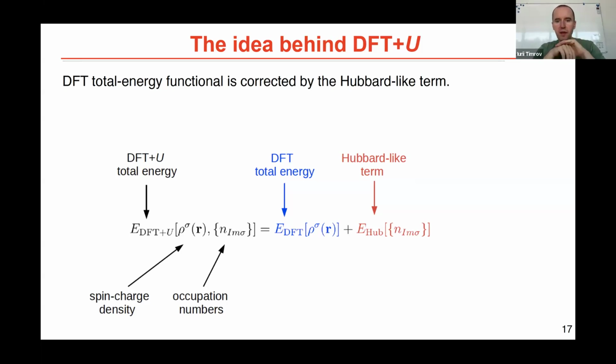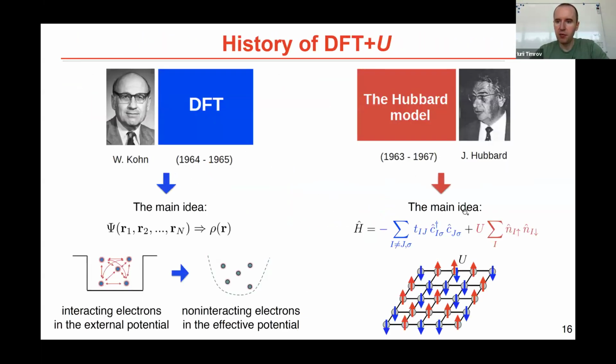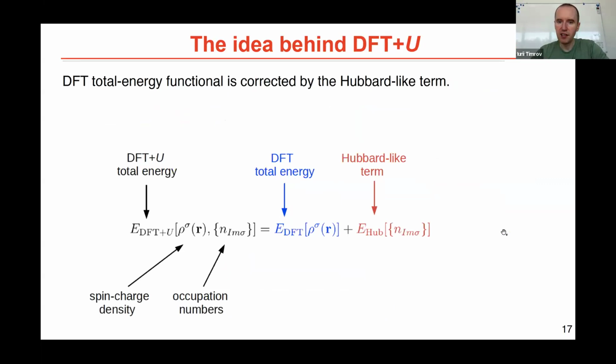Now, how do we combine it with the Hubbard model? So we add the Hubbard energy, like in the Hubbard model. Like this red term here, you see the Hubbard U term. So we want to take this red term and put it inside of DFT, because that term is describing electron repulsion when there are two electrons sitting on the same site. So we put it inside of DFT.